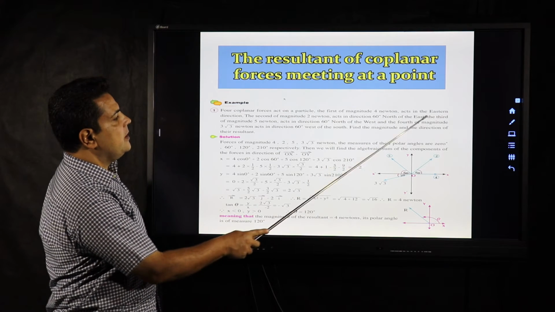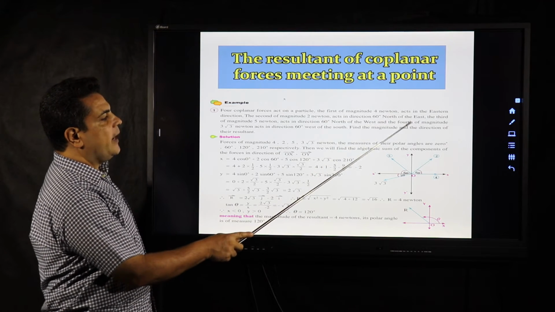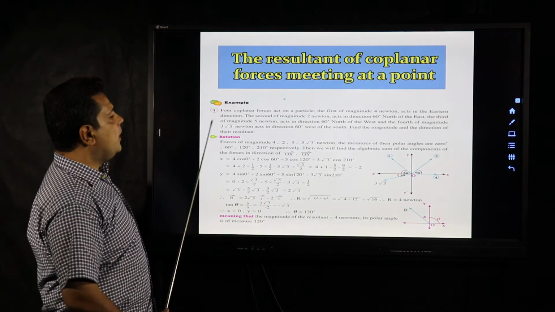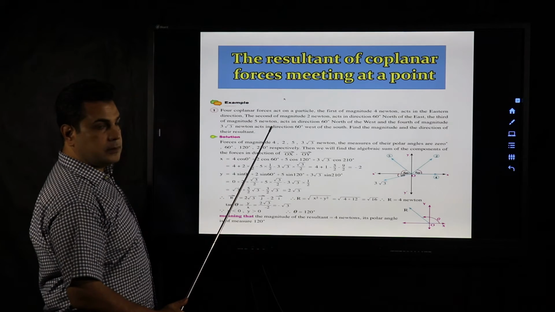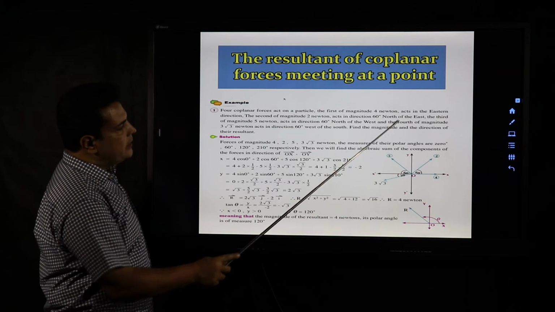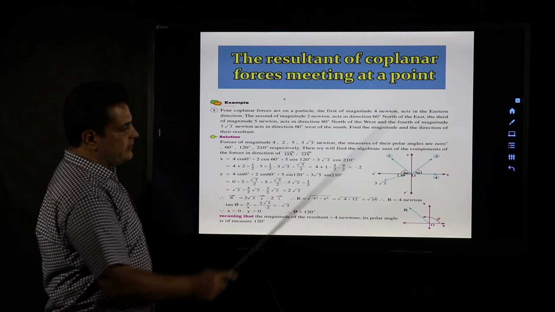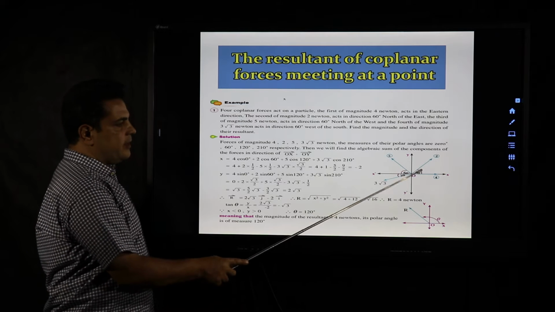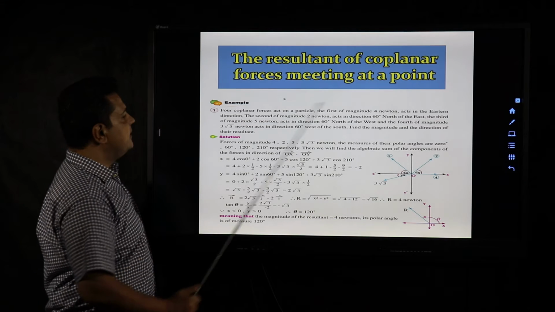The third, of magnitude 5 Newton, acts 60 north of east, that meaning 60 degrees.